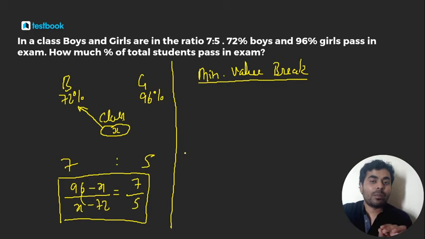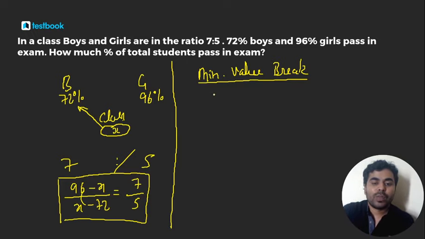Again I am repeating this. Whenever you see in a question that the mixture value is missing, and you have to find out the mixture value, and components values and component ratio are given, then in such type of question never use the alligation method, it is going to be lengthy. Use this method which I am going to tell you, that is minimum value break. So what is special in minimum value break and how to do a question with the minimum value break concept?